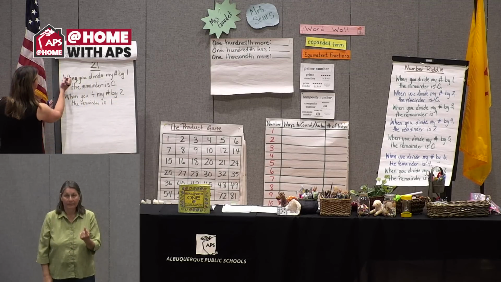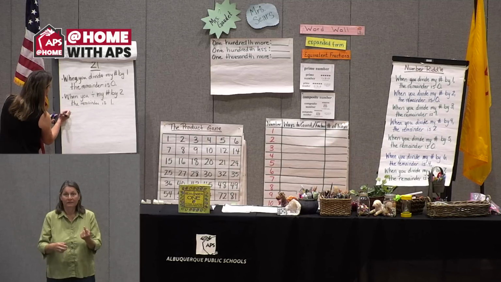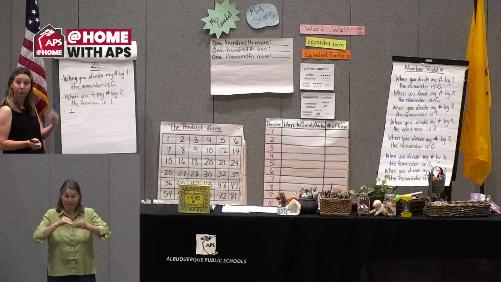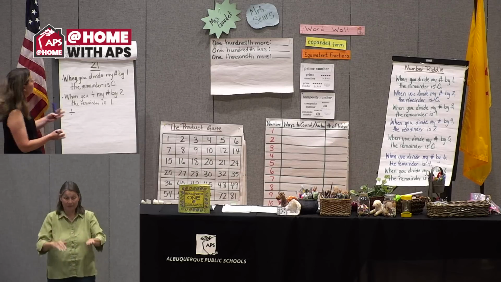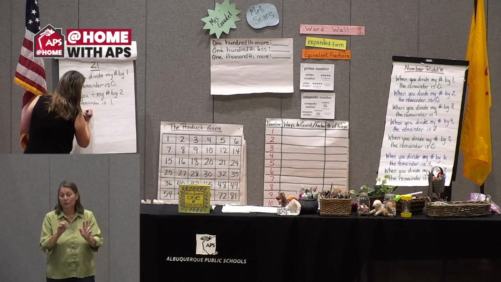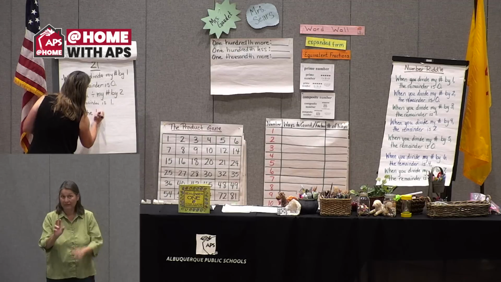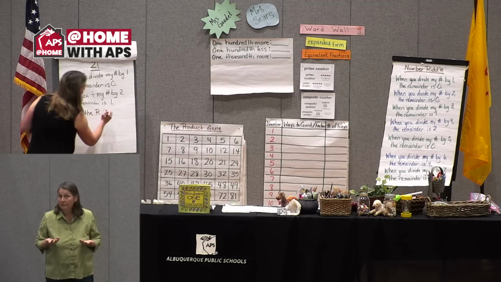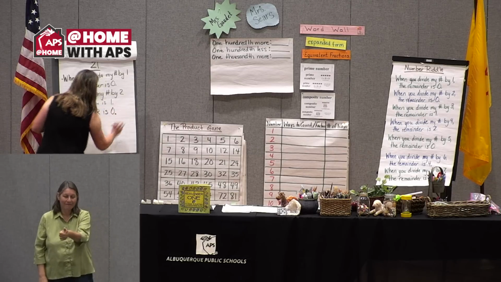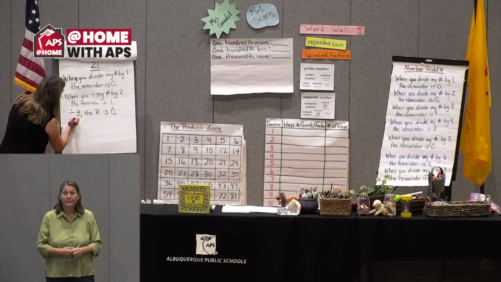I'm going to start abbreviating even more. If we divide the number by 3, the remainder is 0. Good job.